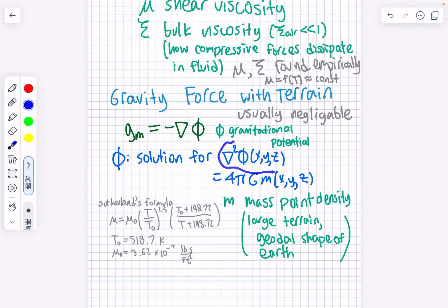The Laplacian of this gravitational potential is equal to 4 pi times the gravitational constant times the mass point density. That's basically how much mass is accumulated in an area.